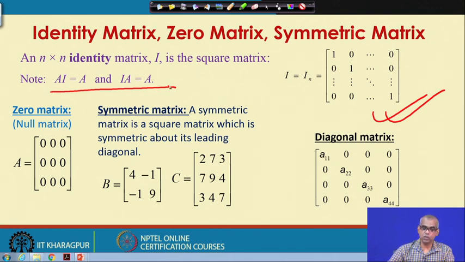A symmetric matrix is a square matrix which is symmetric about its leading diagonal. So, if you consider this leading diagonal with elements 4 and 9, you see the matrix is symmetric around this diagonal. The other off diagonal elements are both -1. Similarly, this matrix is also symmetric.